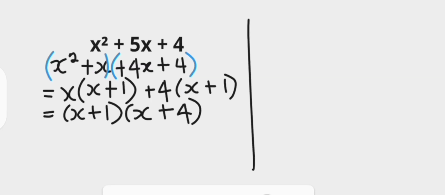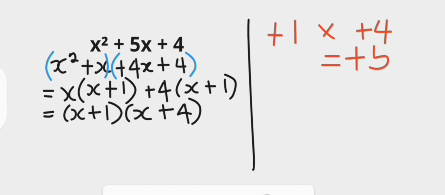Now here, I want us to consider something so that in the subsequent examples, we are not going to go through this process of double grouping. You realize that right from the start, factors we made use of are plus 1 and plus 4, which actually gave us the plus 5, the middle term.